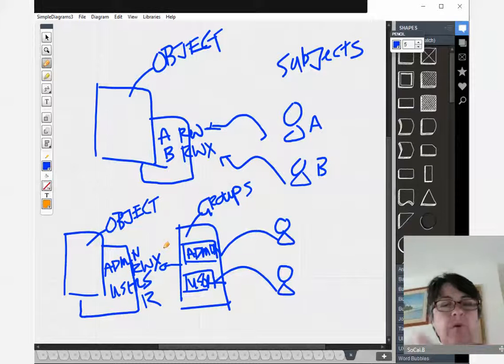So you have this buffer, which are groups. Okay? So that's basically RBAC, isn't it? Role-based access control. Okay? And that was to get over the problem that we had where we didn't have roles.